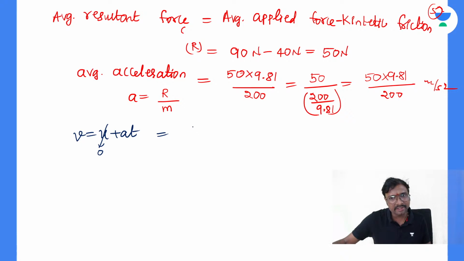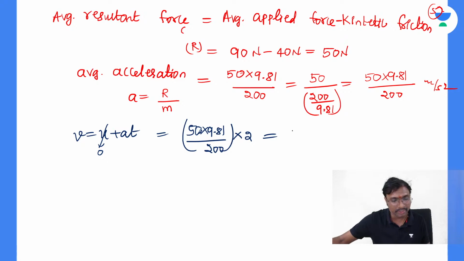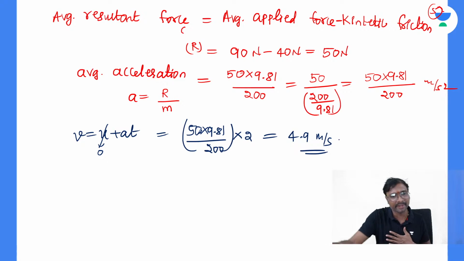So the acceleration is 50 into 9.81 divided by 200, into time. How much time? 8th second to 10th second means 2 seconds. So how much does it come to? 4.9 meter per second is the final velocity at the 10th second.